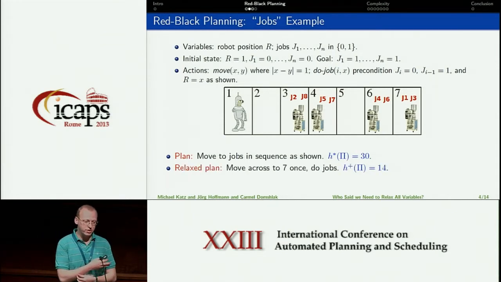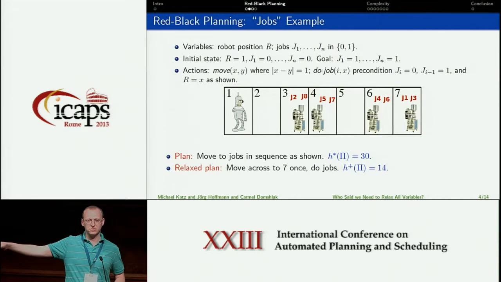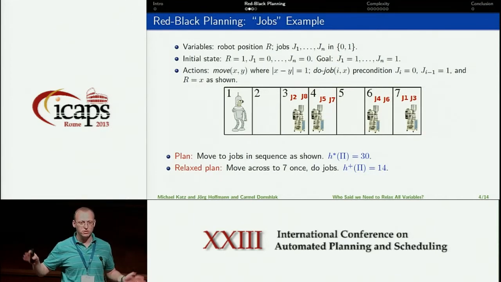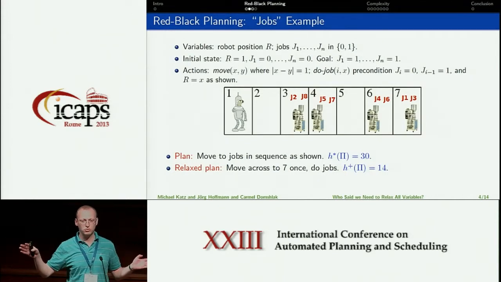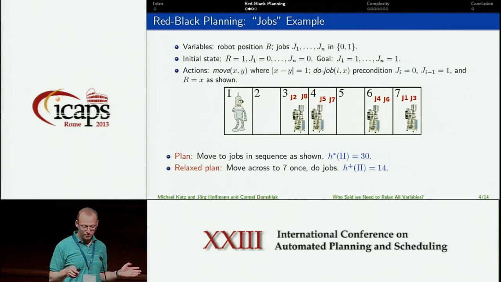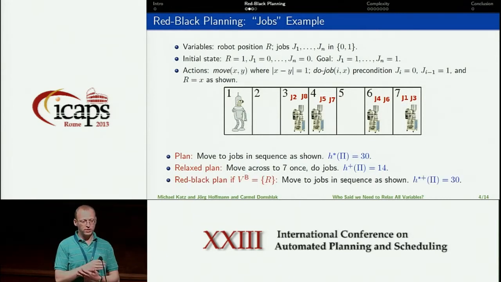For the relaxed plan, you actually have to go once all the way to 7, and then you are everywhere. So you can just perform the jobs in sequence without moving the robot anymore. Now let's assume that we are selecting the robot variable to be black, and the rest will be red.